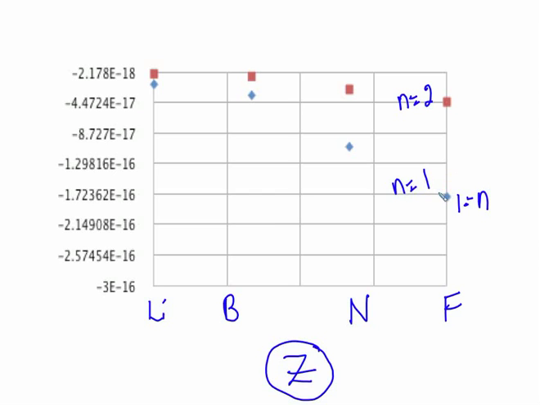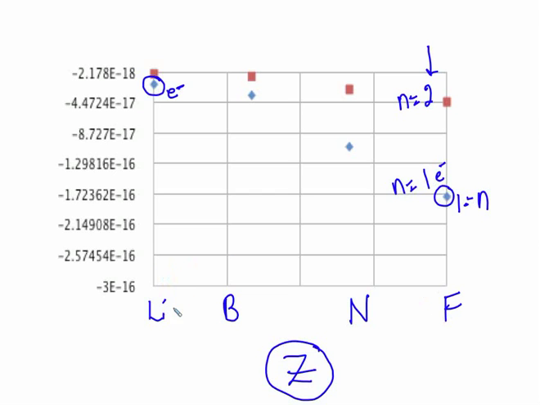Now, what I want you to notice is that the quantum number energies are not the same for different substances. Lithium's is way up here, whereas fluorine's is down here. That means that the closest electron in lithium is further away from the nucleus than the closest electron in fluorine.